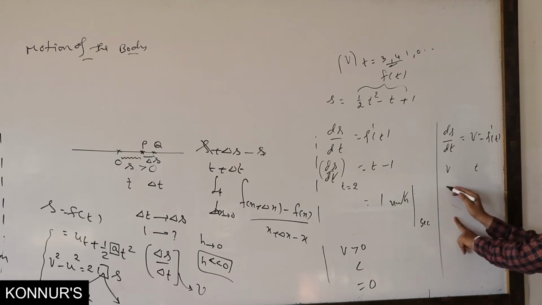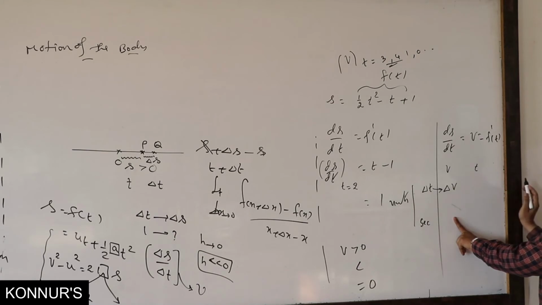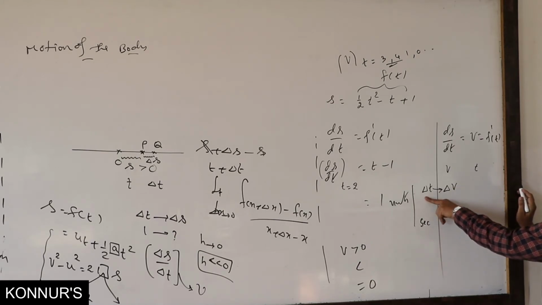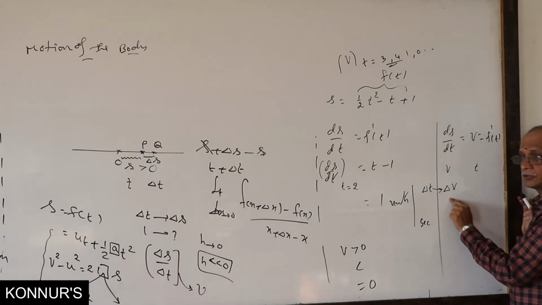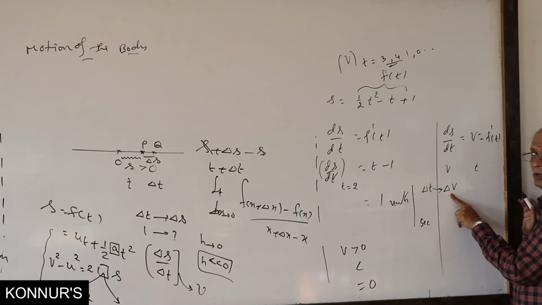When there is the smallest change in the velocity, delta v, according to the smallest change in the time, delta t. In delta t seconds, definitely there exists a change in velocity. I am not saying it is positive or negative.